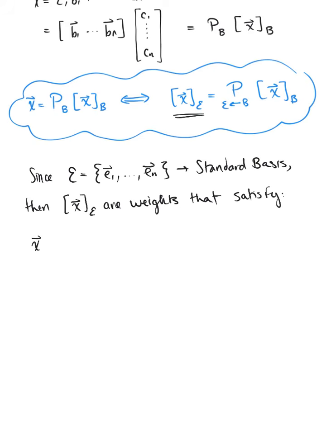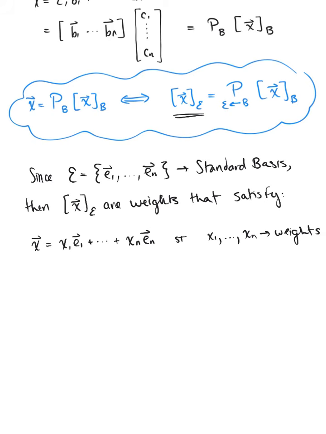That satisfy the vector equation x being equal to x sub 1 times the elementary vector e sub 1 all the way to x sub n multiplied by the elementary vector e sub n. And this again is such that x sub 1 all the way to x sub n are the weights.